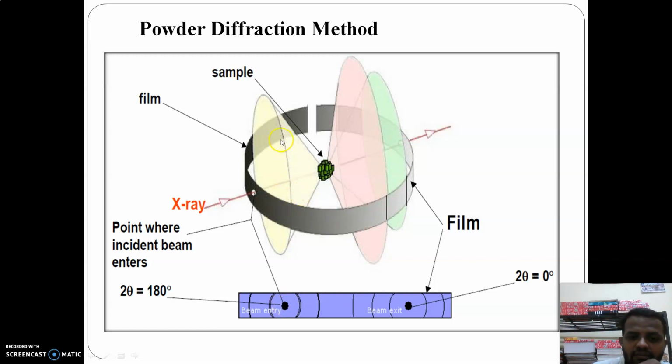But when the cone starts showing its impression on the photographic film, we will get arc formation here and here. So here you can see the arc formation over here. I imagine that one more cone is being created over here, so that second cone will give me a second arc.